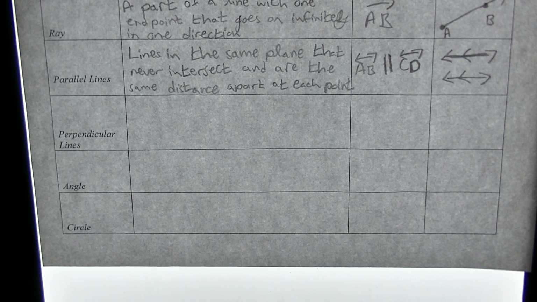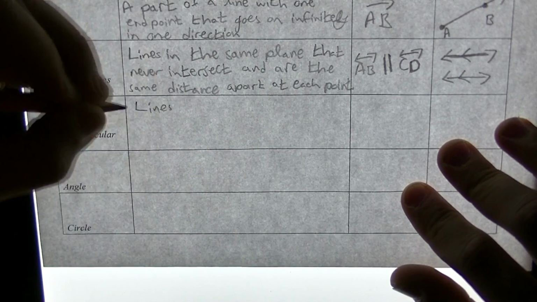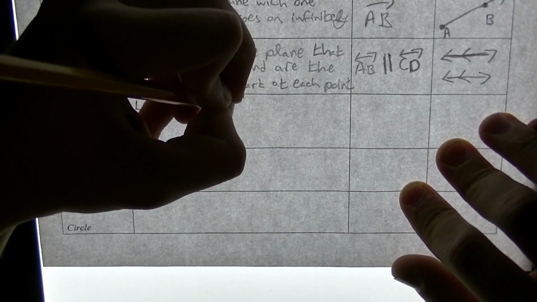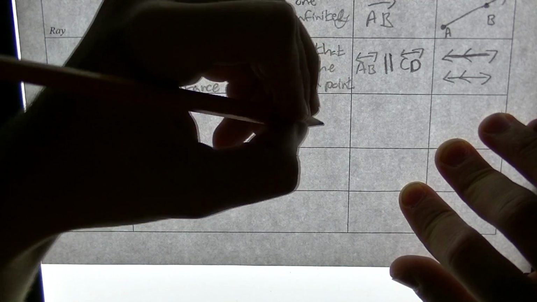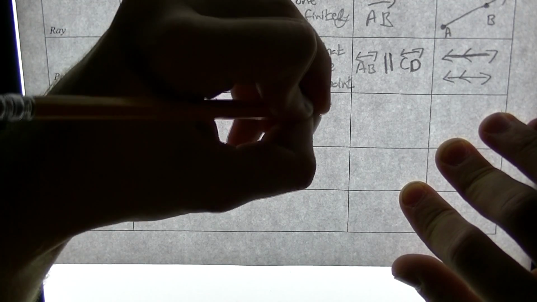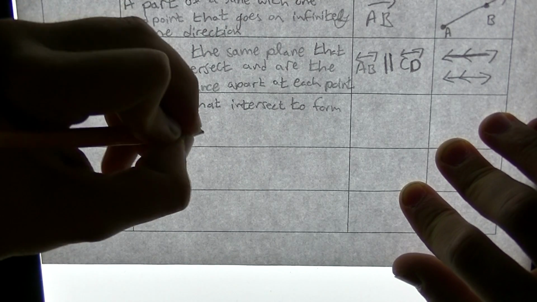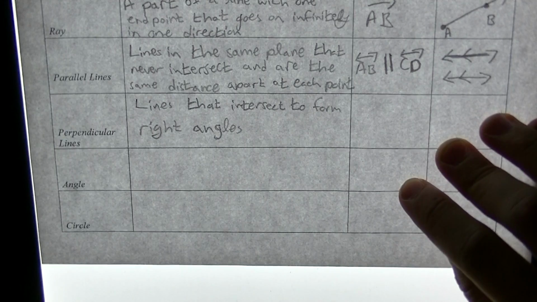Perpendicular lines, I'm sorry, are lines that intersect to form right angles. And we're going to talk more about angles later on.